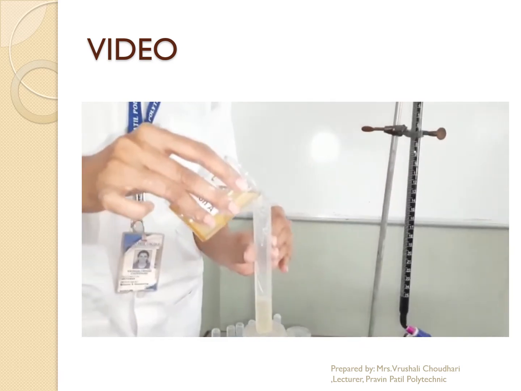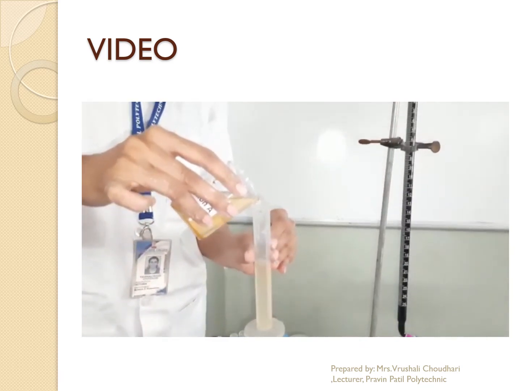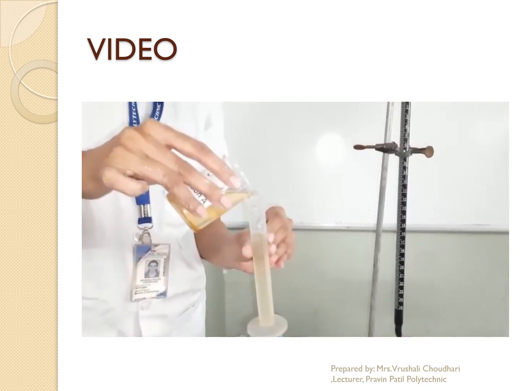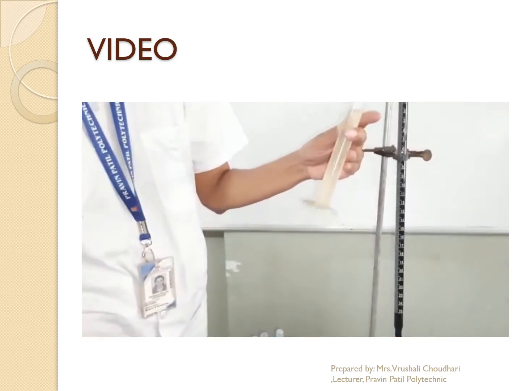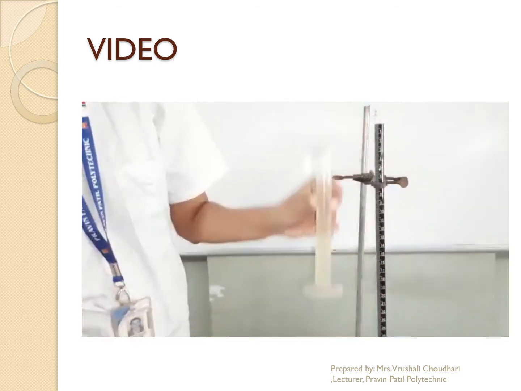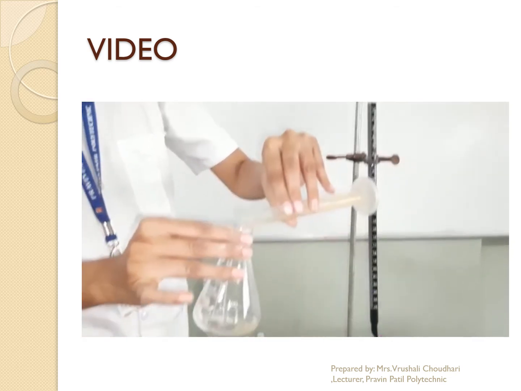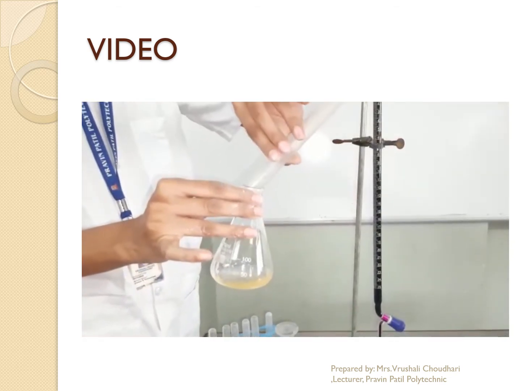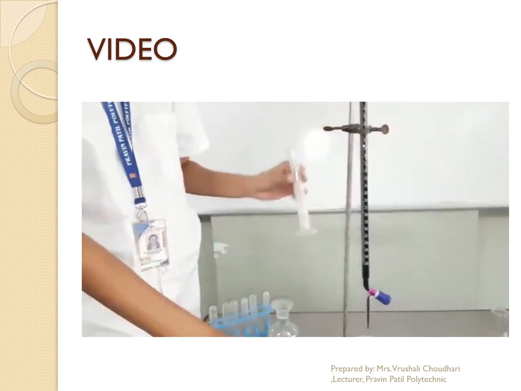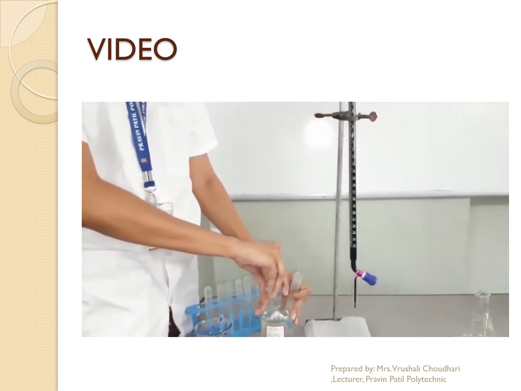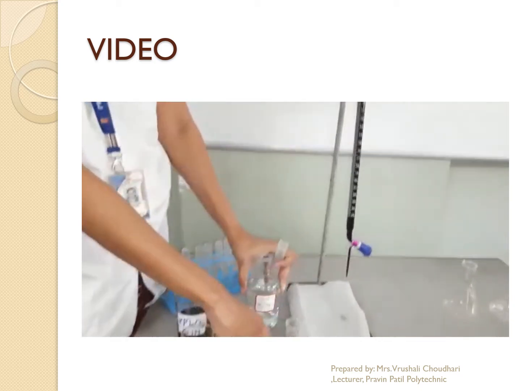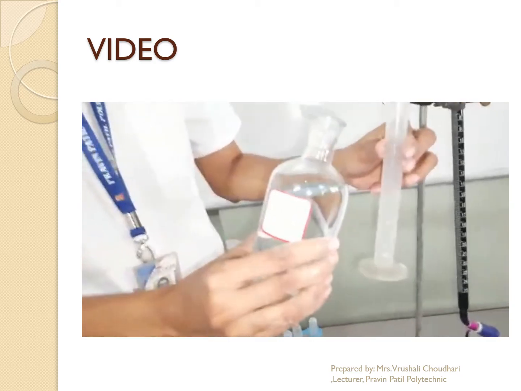Generally we perform it using a pipette. As this is your first experiment, we are going to do it with a measuring cylinder. Transfer 25 ml of sample solution, the test solution. Then transfer 10 ml of dilute H2SO4.